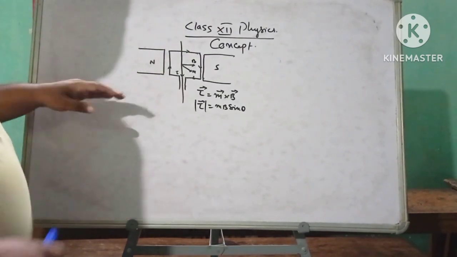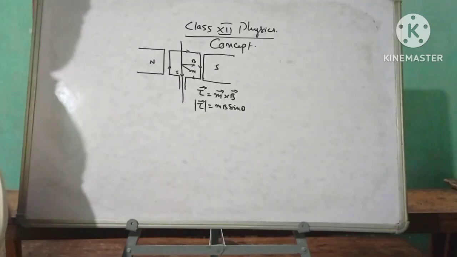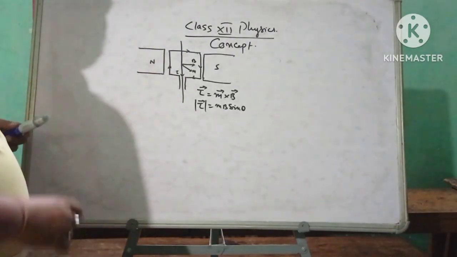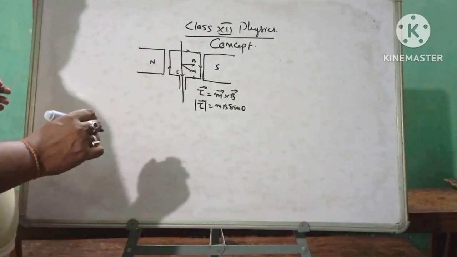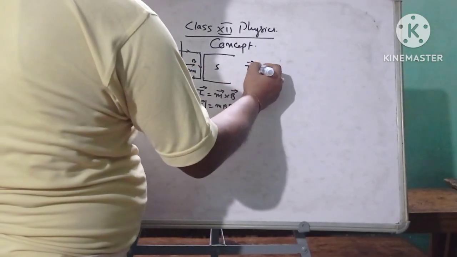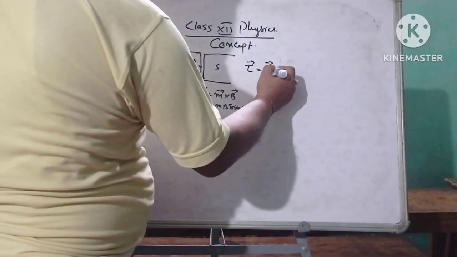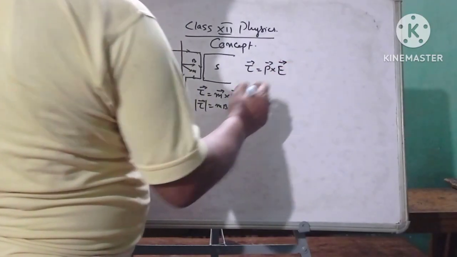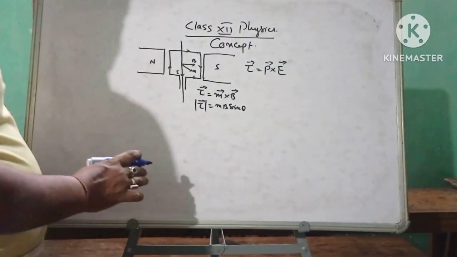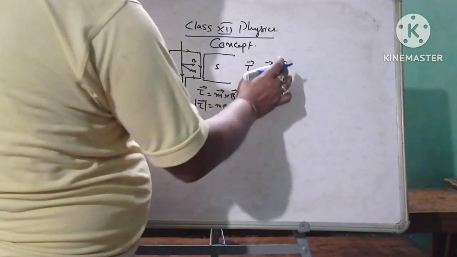Now why have I selected this here? The reason is that it is analogous to the electric dipole, where torque is the electric dipole moment cross the electric field. Here the net force is 0, and there also the net force is 0.